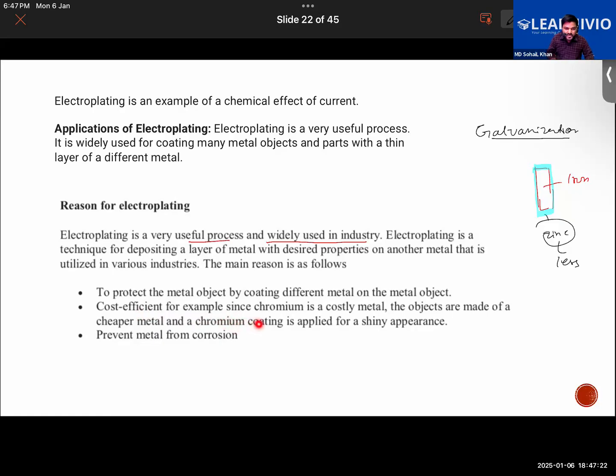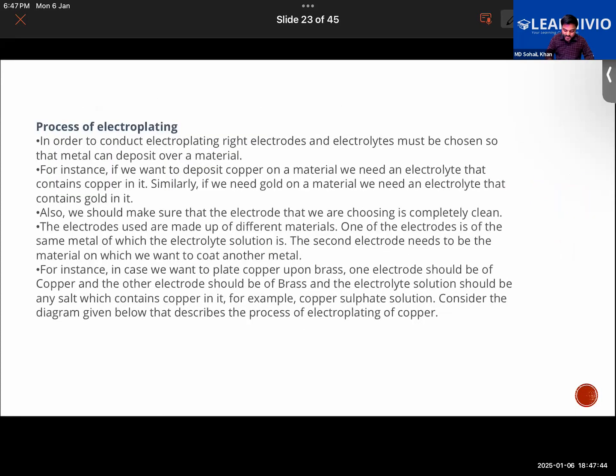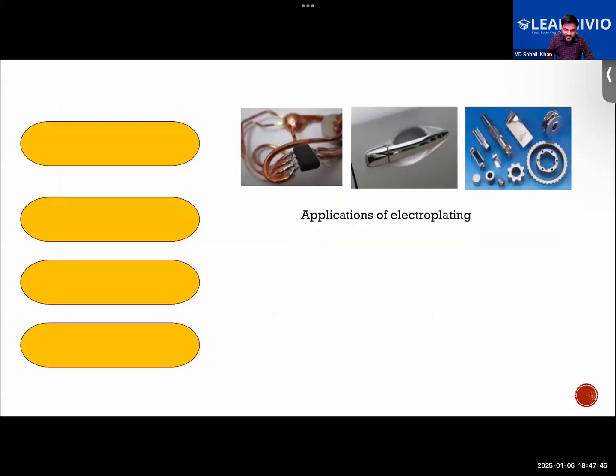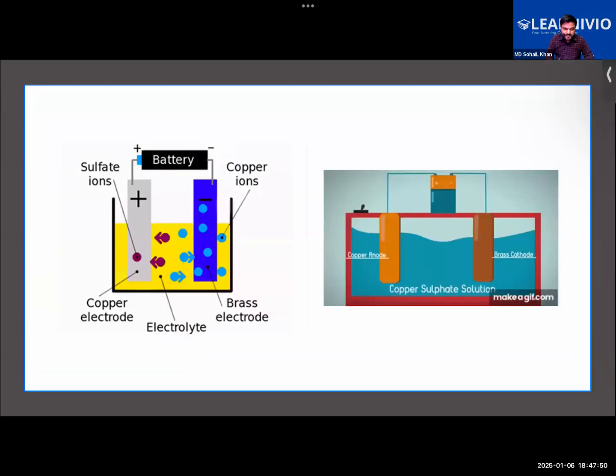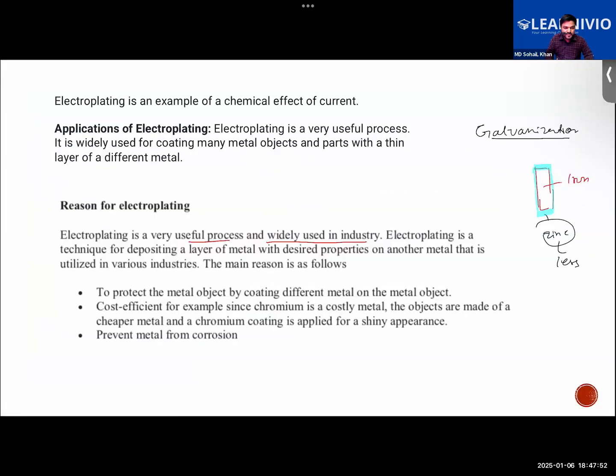We know that chromium is a costly metal, so objects are made up of a cheaper metal, and a chromium coating is applied over it to get a shiny appearance. The whole thing will not be made up of chromium since it's costly. The object will be made of copper or some other metal, and just a thin coating of chromium will be applied to get a shiny appearance, as in the case of the door handles of a car.